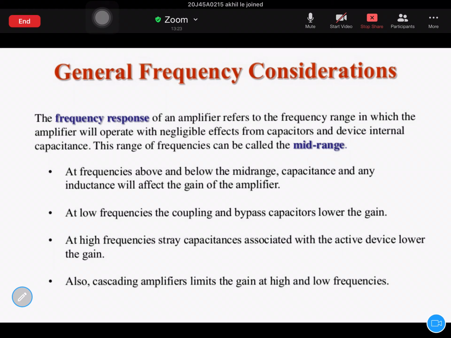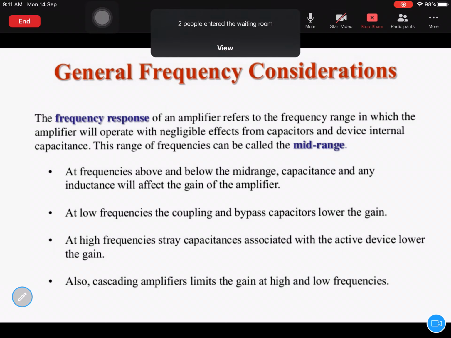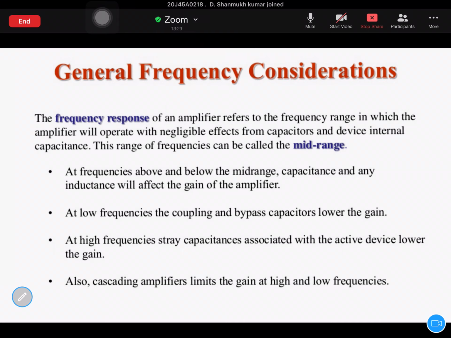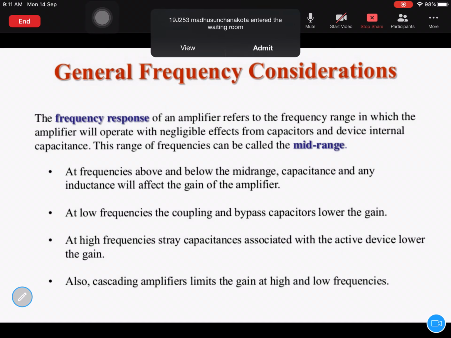You don't want it to reduce. But these capacitors have the ability to reduce that gain under certain frequencies. So we must know what those frequencies are, and that if you operate the transistor amplifier in this range of frequencies, it is not good for gain. You should try to avoid those frequency ranges.